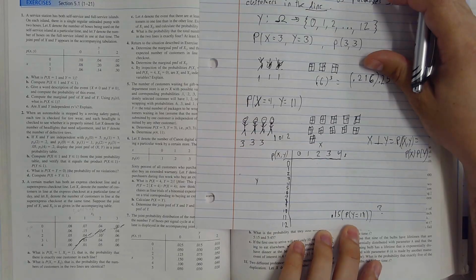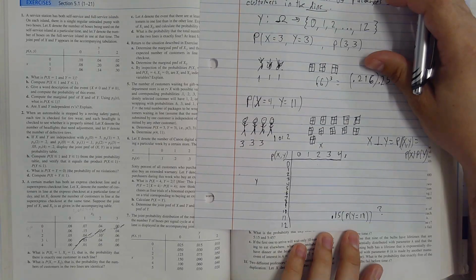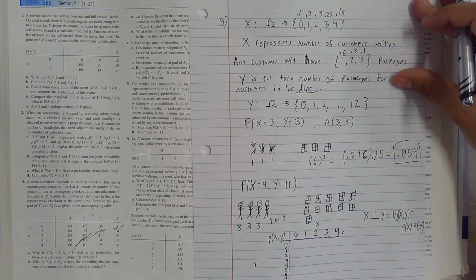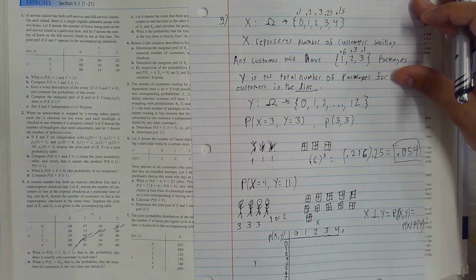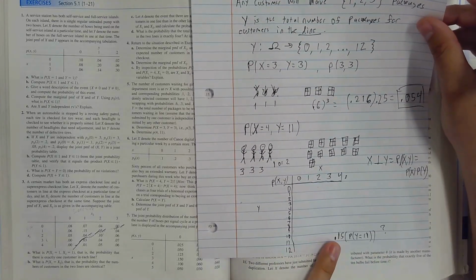Then the probability that Y is 11 in general is the probability added up over everything, right?